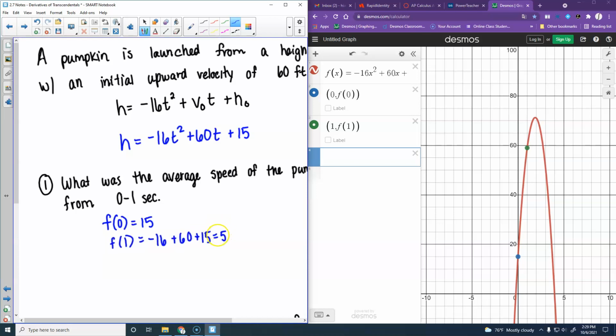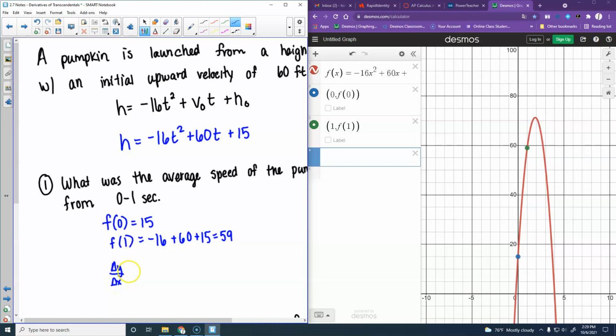This is not calculus on this part. So, if we want to know the speed, this side right here is our height, and this is our time. So if we did change in the y, which is our height, over change in the x, which is our time, that would give us the speed, right?